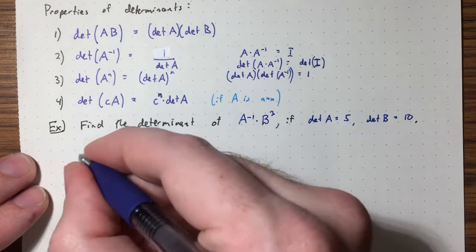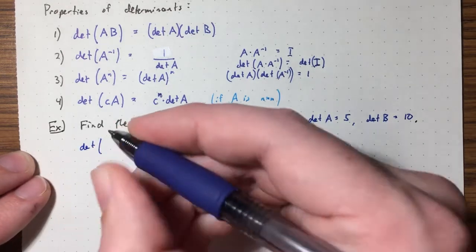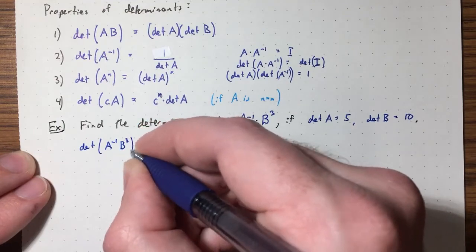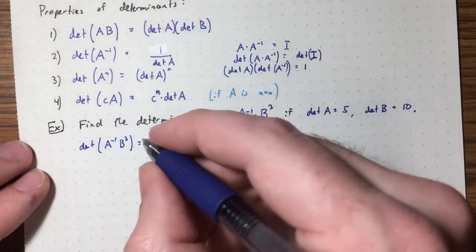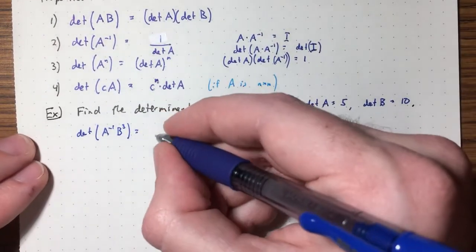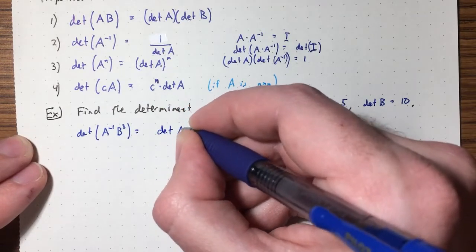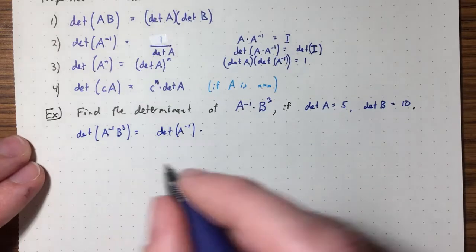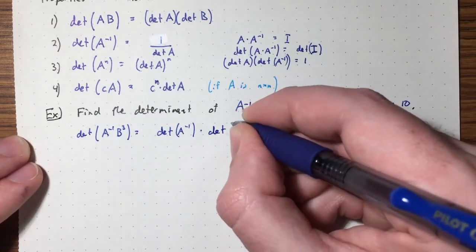Okay, let's write it down. The determinant of A inverse times B cubed is, by the first property and the third property, the determinant of A inverse times the determinant of B cubed.